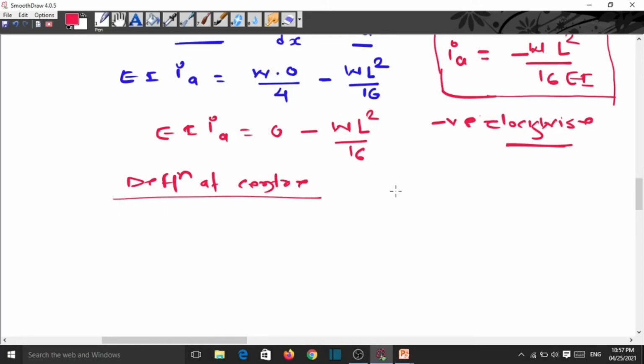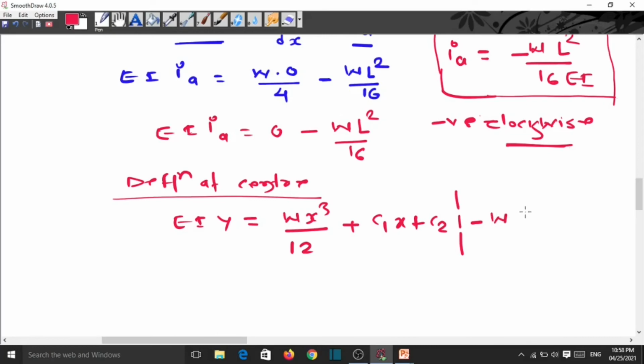So here the deflection equation is EI y is equal to Wx cube divided by 12 plus C1x plus C2 minus W into x minus L by 2 bracket cube divided by 6. This is the equation.